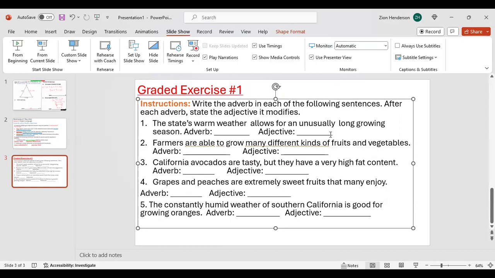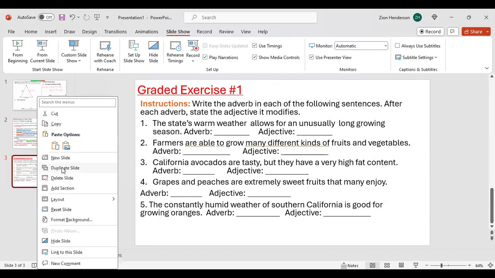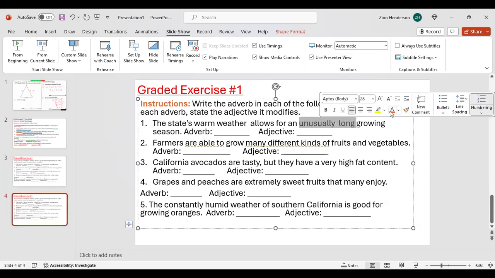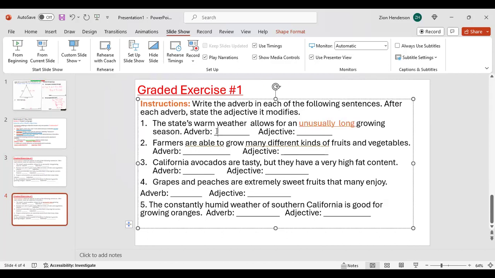Unusually. And what's the adjective? Long. How many persons put that? I did. Very good. Unusually is the adverb.